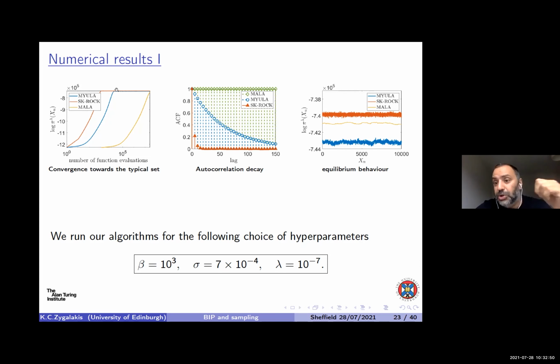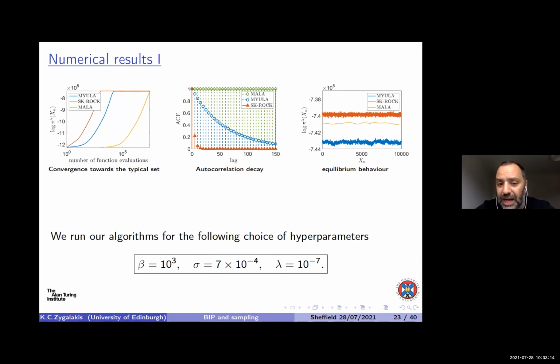Because essentially of what I told you, that you are allowed to take larger time steps for the same computational cost, that means that you get to infinity faster, okay? So it ticks the first box. It also ticks the second box: once you are at infinity, you would like to produce samples that are as close as possible to IID, okay?